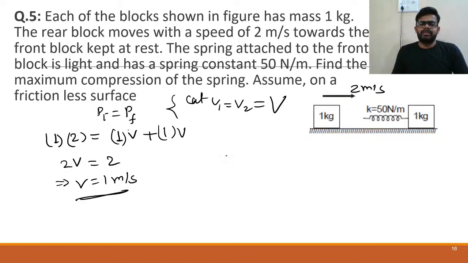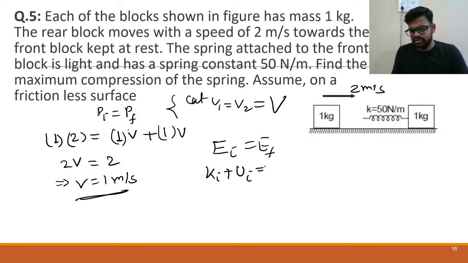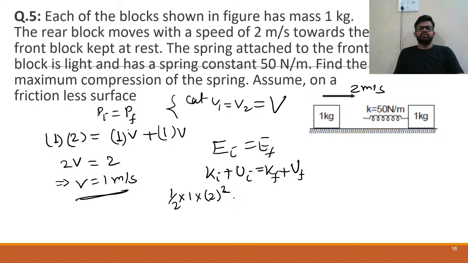Okay, we have applied the law of conservation of momentum. Now we apply the law of conservation of energy because we need to find the maximum compression. So E initial is equal to E final. We can write kinetic energy initial plus potential energy initial is equal to kinetic energy final plus potential energy final. Let us put the values. So that is half m v square. It is moving with velocity 2, so I am writing 2 square.